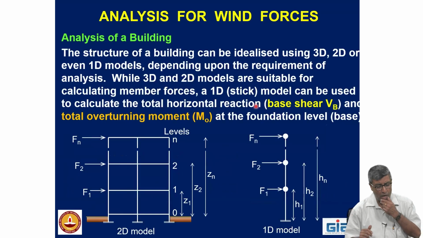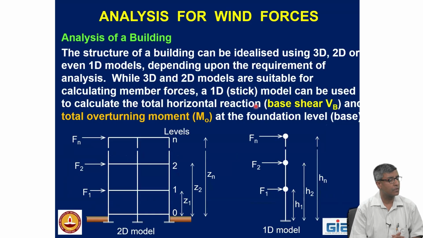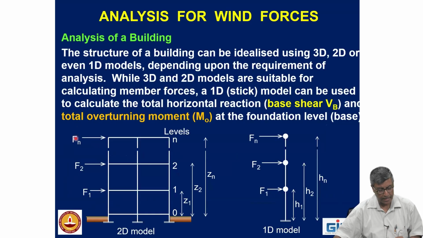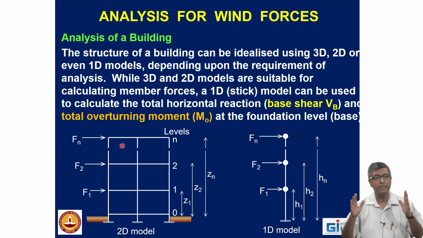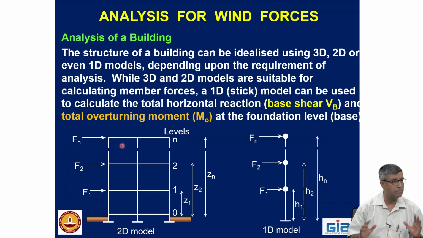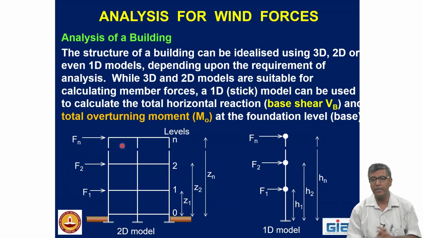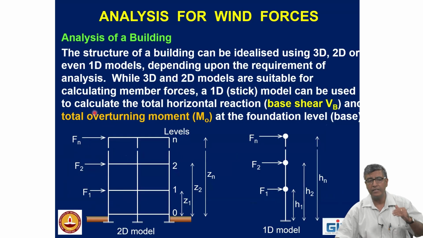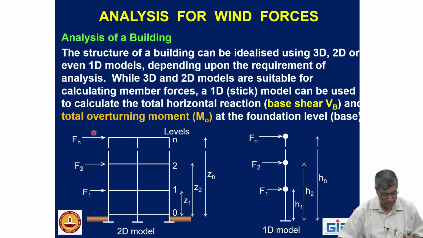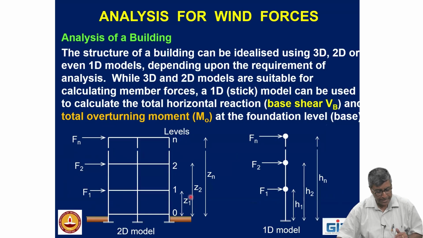Now, let's try to understand the steps: as a student, where do I start? First, I view the building as a two-dimensional, regular configuration building, as if there are n levels, but the first level is the first floor. And the heights of these levels, please note, are from the finished ground level, Z1, Z2, like that.